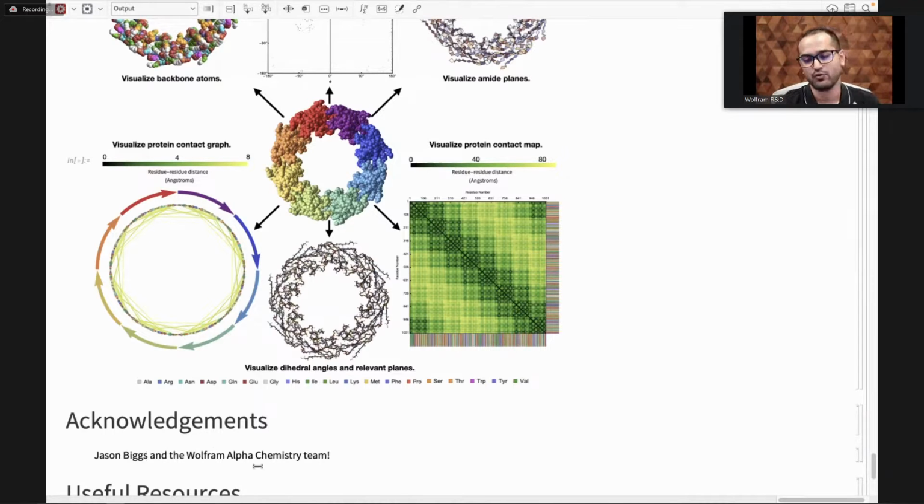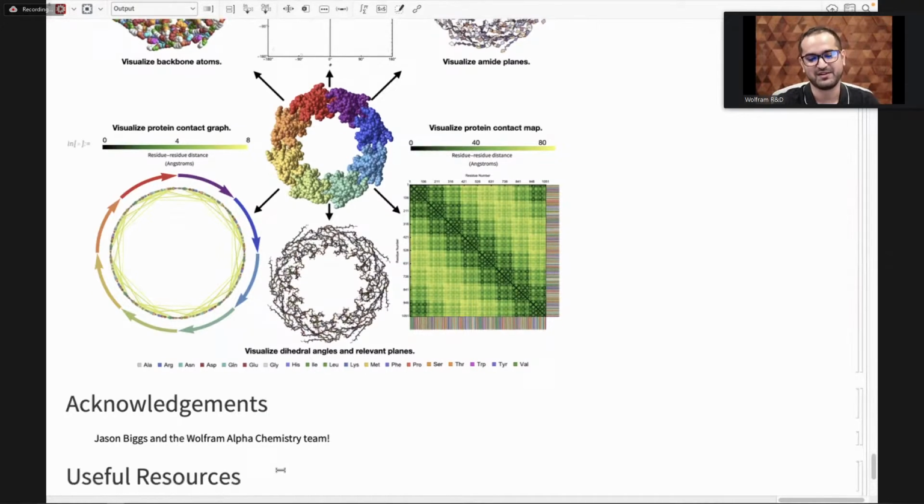And again, the whole Wolfram Alpha chemistry team, because I benefited a lot from their knowledge and expertise. The last time I did any chemistry or biochemistry was in high school, which was at least a decade ago. So without their knowledge and guidance, I wouldn't be able to develop this Paclet in such a short time. Kudos to the team and my supervisor, Jason Biggs.